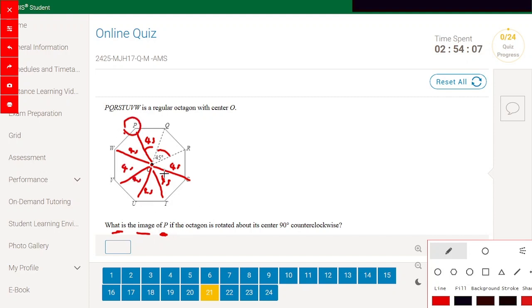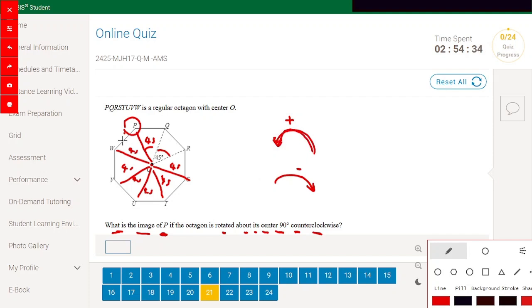He wants to know the image of B if the octagon is rotated about its center 90 degrees counterclockwise. Clockwise will be rotating in this direction, and counterclockwise will be rotating in this direction.